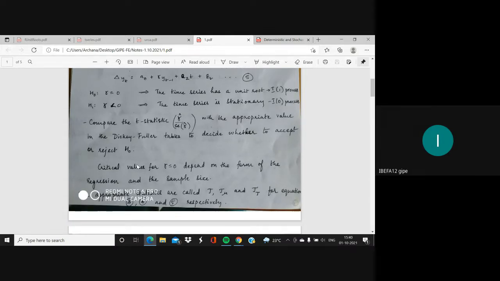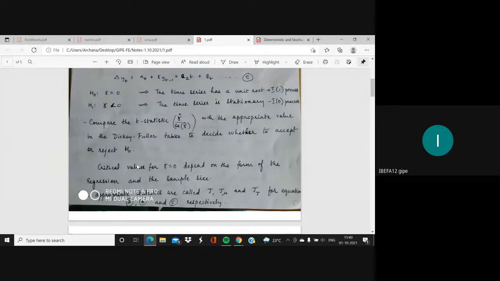Because of this, Dickey and Fuller generated their own distribution and formulated critical values for this test, with which you compare the test statistic. To calculate the test statistic, you take the estimated value of gamma divided by the standard error of gamma itself, and compare it with the appropriate value from the Dickey-Fuller tables to decide whether to accept or reject the null hypothesis.